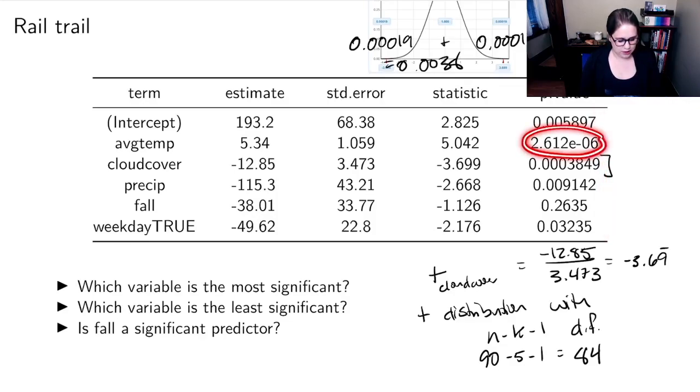It's actually this one for average temperature. This is 2.6 E minus 6, like 2.6 times 10 to the minus 6th, or 0.0000026. It's a very small p-value, almost 0. So the most significant predictor is average temp, and then we'll talk about the other ones during synchronous class.